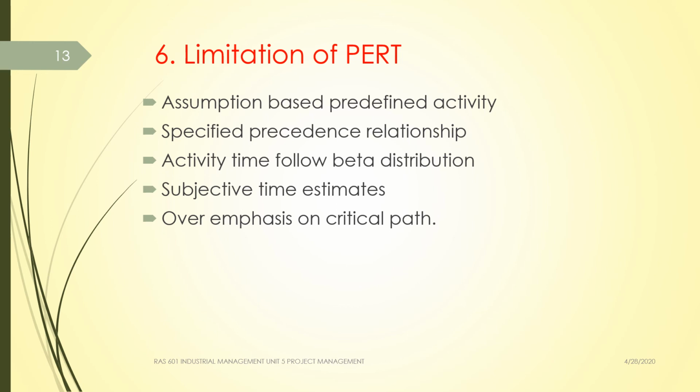The next disadvantage, or limitation, associated with PERT is that the activity time follows the beta distribution, whereas earlier these distributions are based on probability itself. And so yes, of course, the basis of this technique is probabilistic, and so it's a big limitation of PERT analysis that it is not free from the effect of beta distribution.